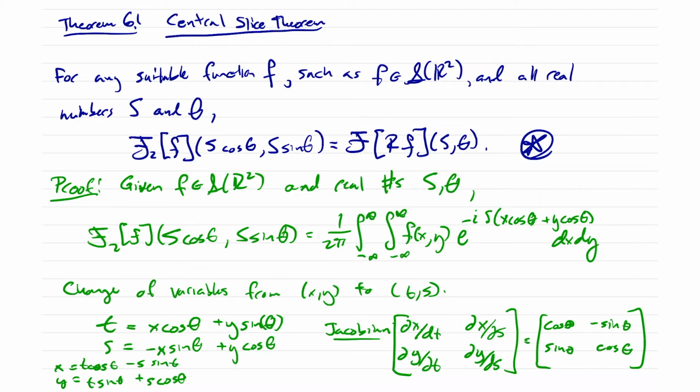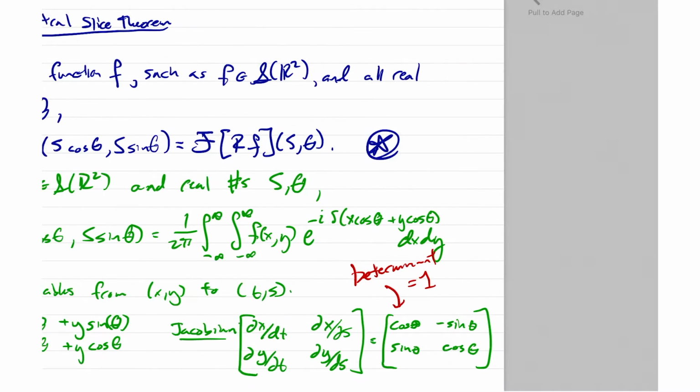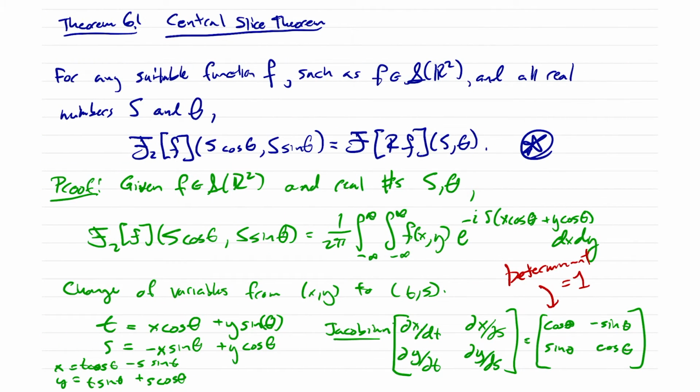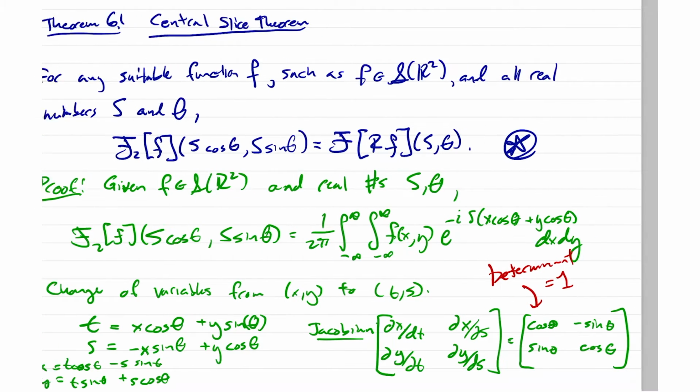Something to note is that the determinant is equal to 1, because it's cosine squared minus negative sine squared, so cosine squared plus sine squared, which is 1. So dx dy is the same as ds dt.